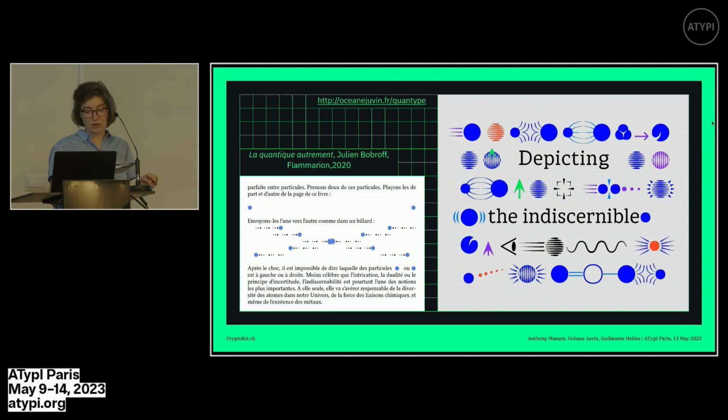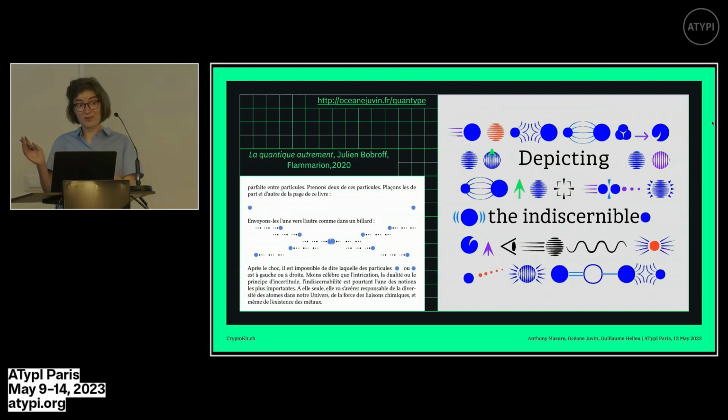You can see on the right, it was on the left at the beginning of the project, the pictorial signs integrated into the popularization discourse to facilitate the understanding of concepts that can be difficult to grasp. So I invite you to go on the website that is still on the slide to have more information about this project.